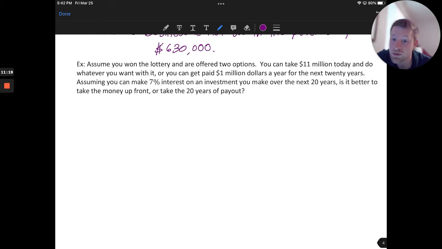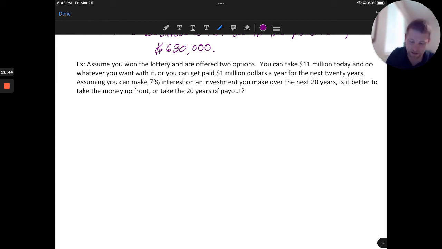So let's assume you make 7% interest on any investment you make over the next 20 years. Is it better for you to take the money up front, so that was the $11 million, or take the 20 years of payout? So the $1 million payouts each of the next 20 years.